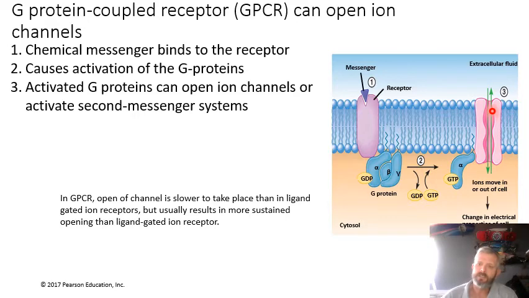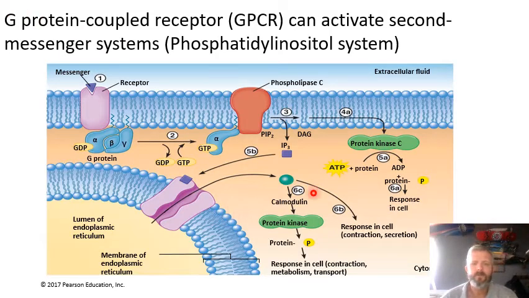What we're going to see is the G proteins, besides opening ion channels, can activate what are called second messenger systems in the cell. So let's take a look at one second messenger system. These second messenger systems can basically amplify the signal from one messenger.